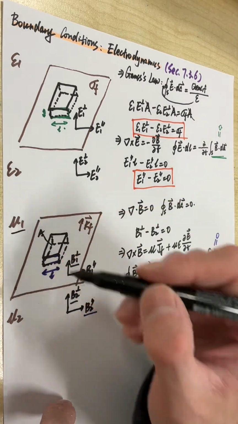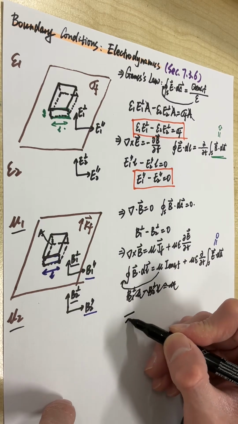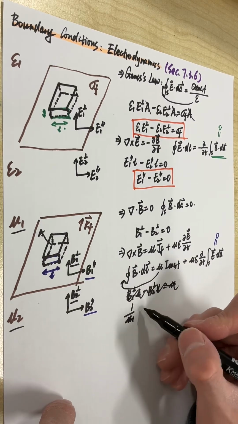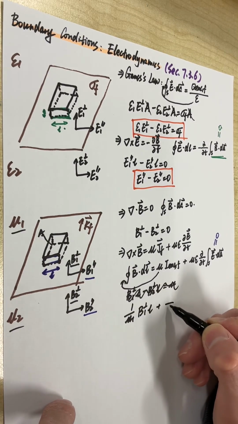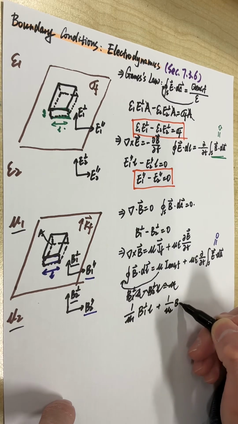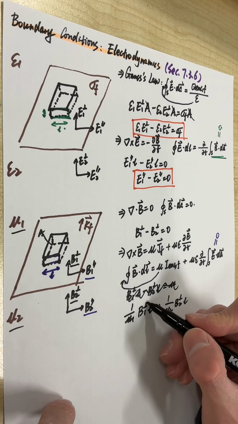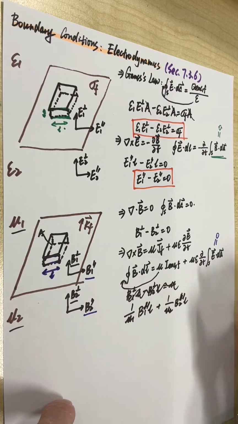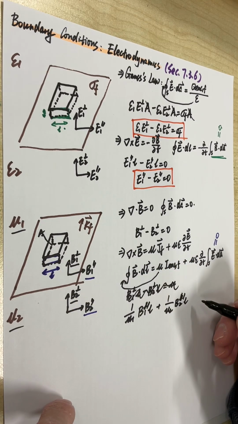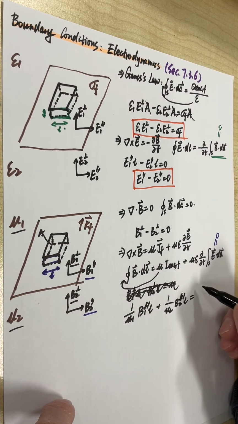The upper is mu1, the lower is mu2, so we need to move mu to this side. So what we have is 1 over mu1 B1 component L plus 1 over mu2 component L. Oh sorry, the parallel component, for this loop, the parallel component. I'm really sorry. So this equals the total current enclosed, which is Kf L.